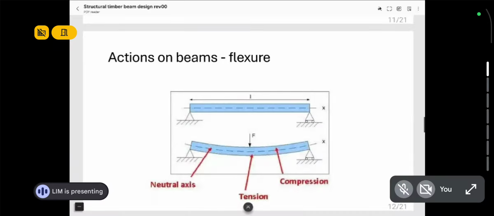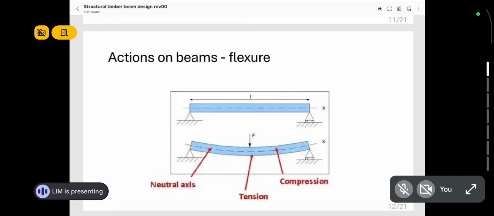Now, this one you should be very familiar with. Actions on beams. Generally you have flexure, this is quite common. Flexure and shear. These are the general actions you have on a beam. We've done this multiple times for RC design and steel beam design.